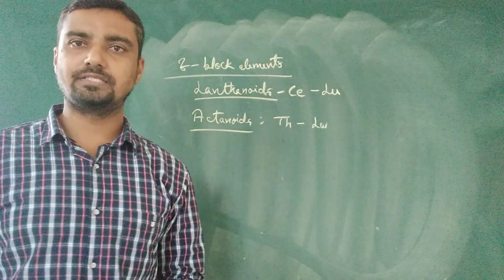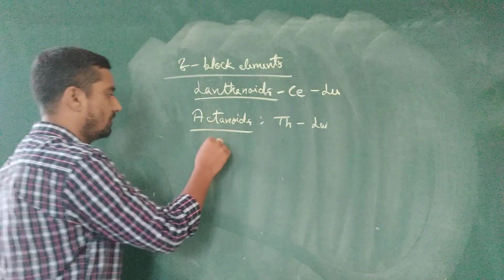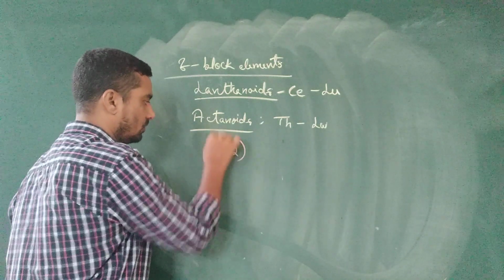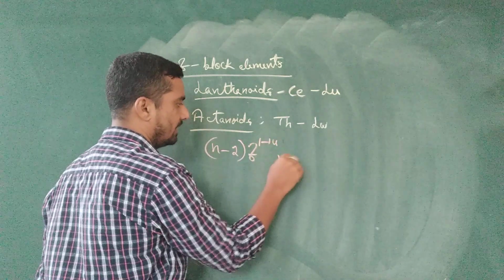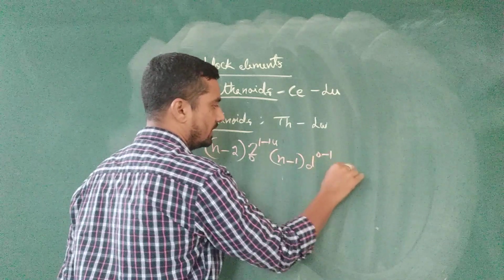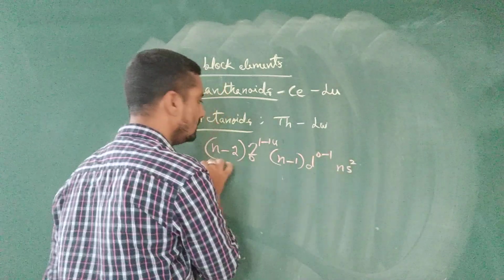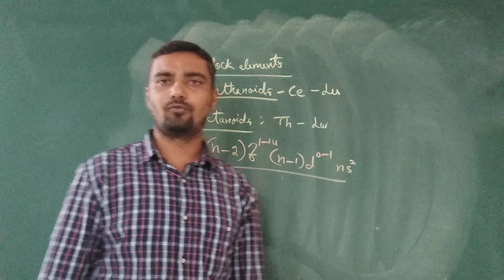The general electronic configuration for F block elements is (n-2)f 1 to 14, (n-1)d 0 to 1, ns2.